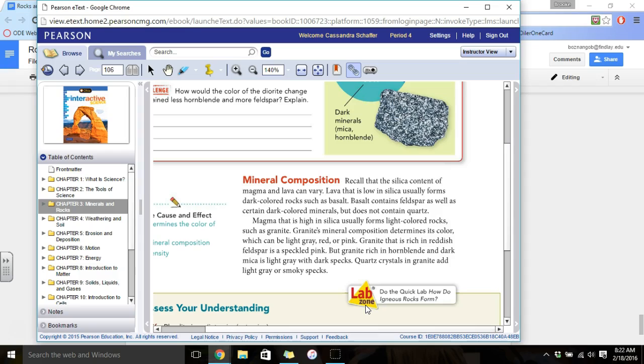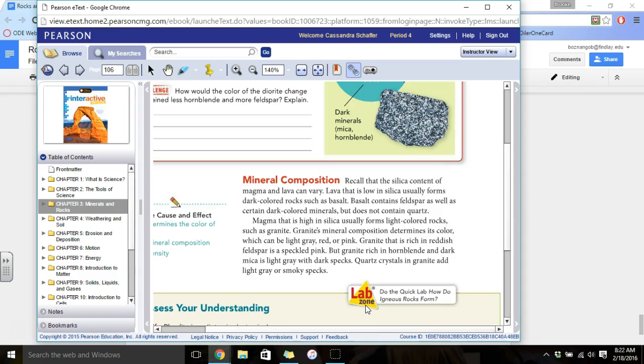Mineral composition. Recall that the silica content of magma and lava can vary. Lava that is low in silica usually forms dark-colored rocks, such as basalt. Basalt contains feldspar, as well as certain dark-colored minerals, but does not contain quartz. Magma that is high in silica usually forms light-colored rocks, such as granite.